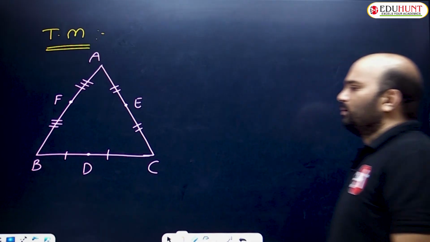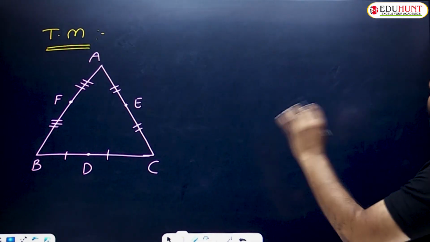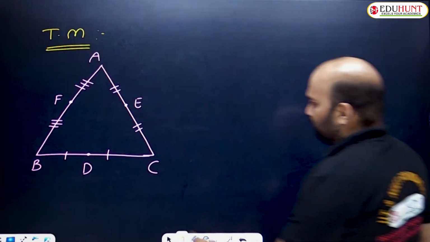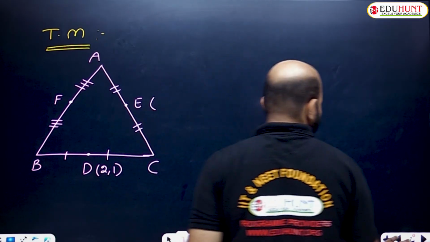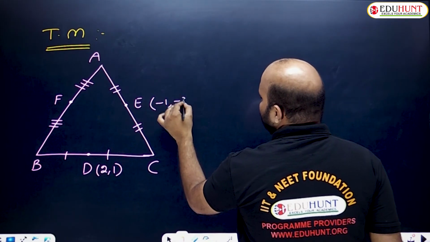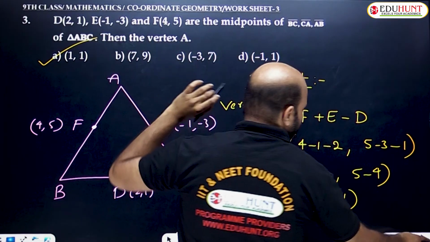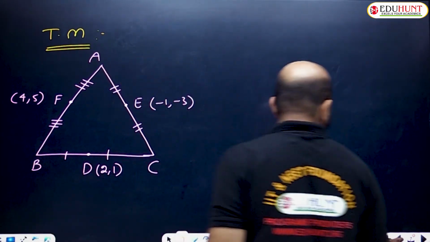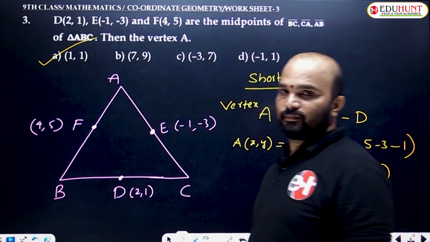Yes, midpoints. So clearly we need to understand. Here the coordinates of D, E, F are already given: D is (2, 1), E is (-1, -3), F is (4, 5). So three midpoints are given here: D, E, F. Am I clear?